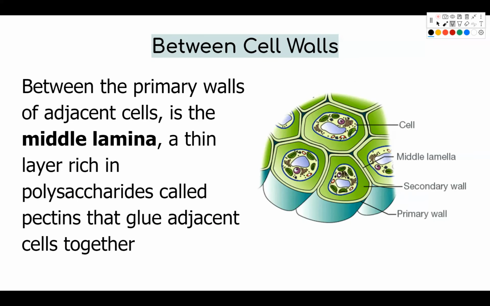All right. So, between cell walls. Between the primary cell walls of adjacent cells is something called the middle lamella, which is a very thin layer that is super rich in polysaccharides called pectins that will act to glue the stuff together.